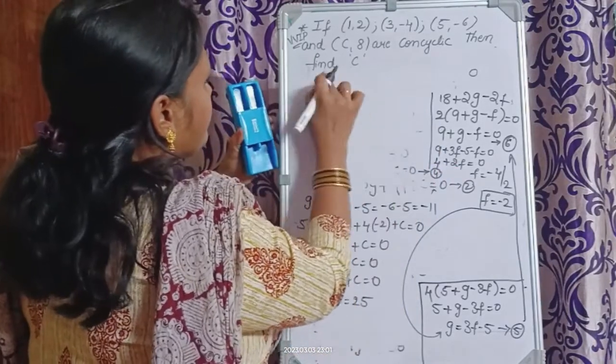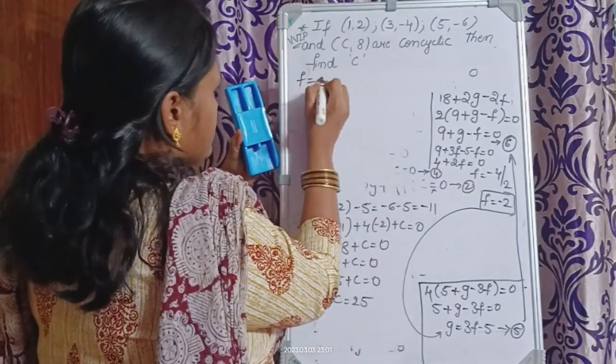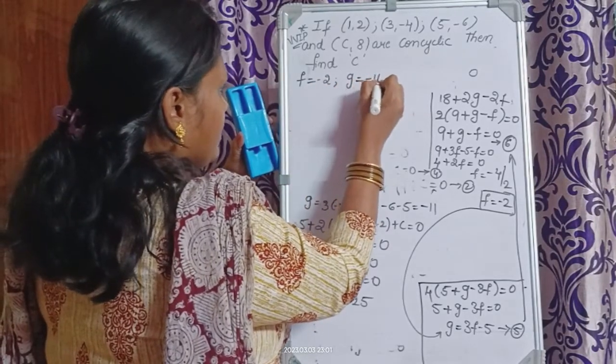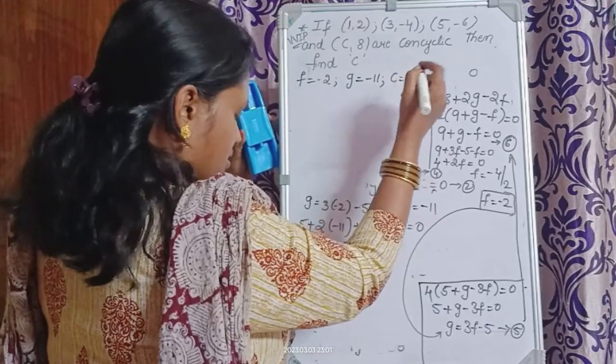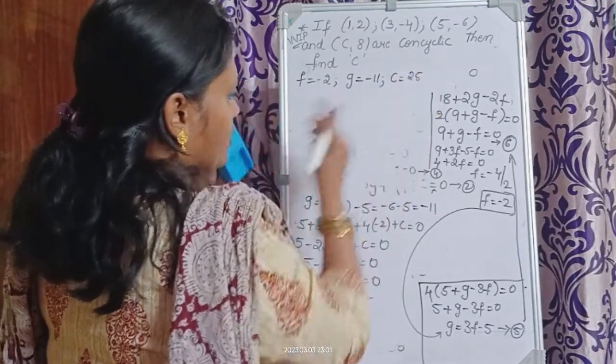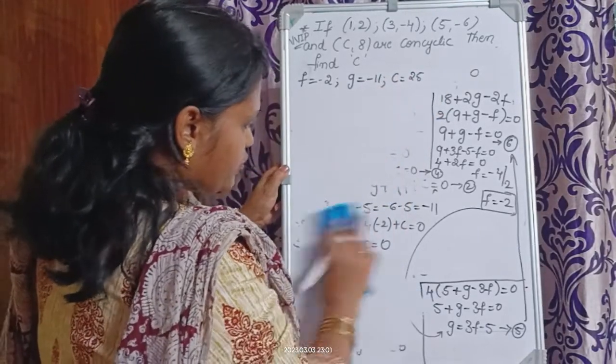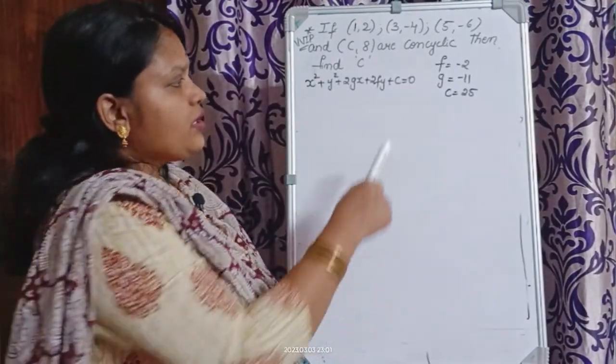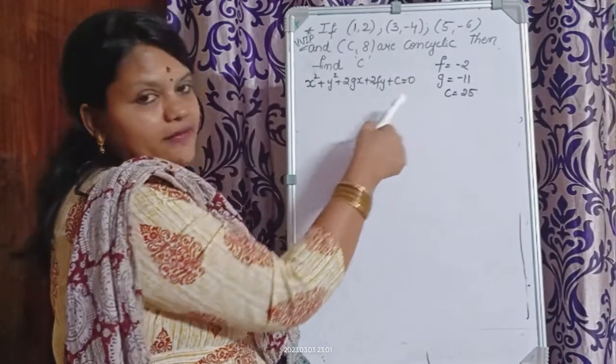We got f value as minus 2, g value as minus 11, and c as 25, right? Substitute these values in the general equation. Now we have the f, g and c values.